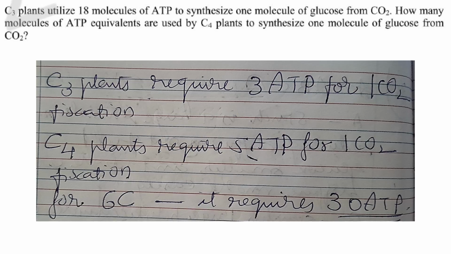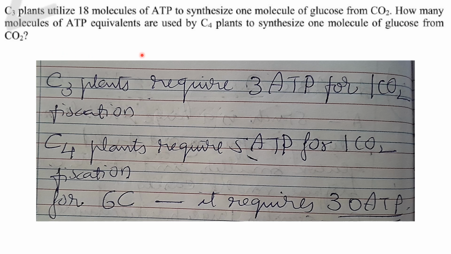Coming to the first question. C3 plants utilize 18 molecules of ATP to synthesize 1 molecule of glucose from carbon dioxide. How many molecules of ATP equivalents are used by C4 plants to synthesize 1 molecule of glucose from carbon dioxide?